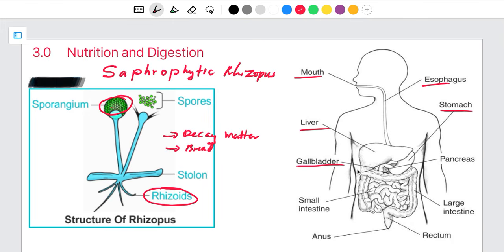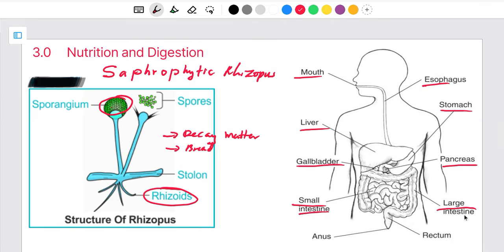We also have the gallbladder, the function of the gallbladder, like storing bile, the function of the pancreas in terms of exocrine as well as endocrine, releasing hormones as well as releasing enzymes. The function of the small intestine, site for the absorption of different nutrients.